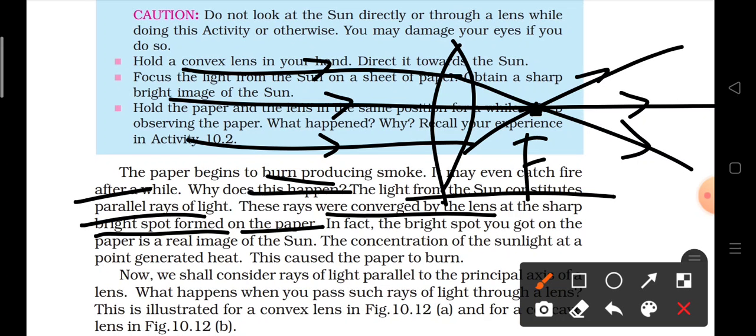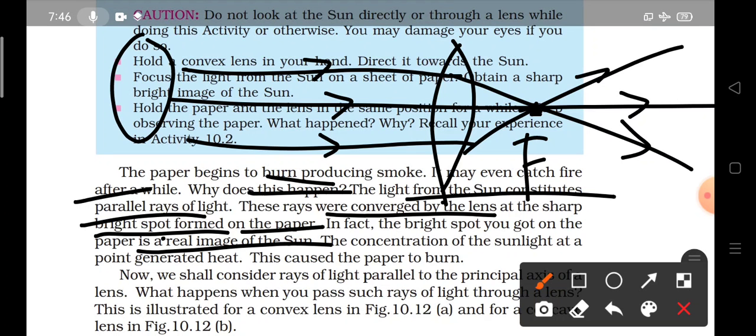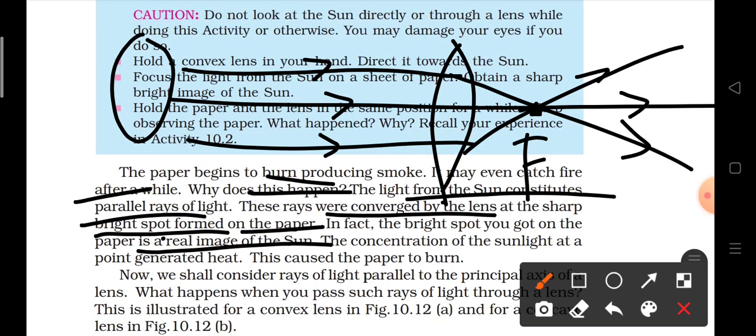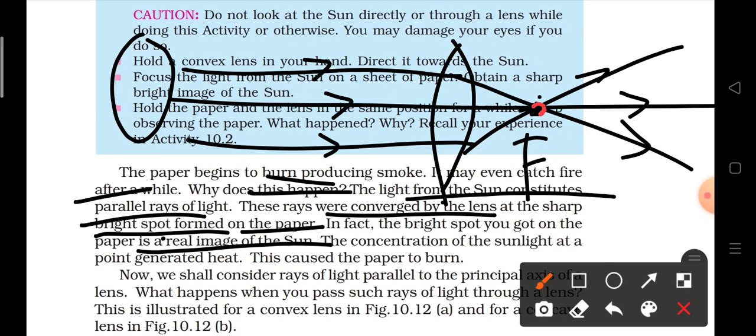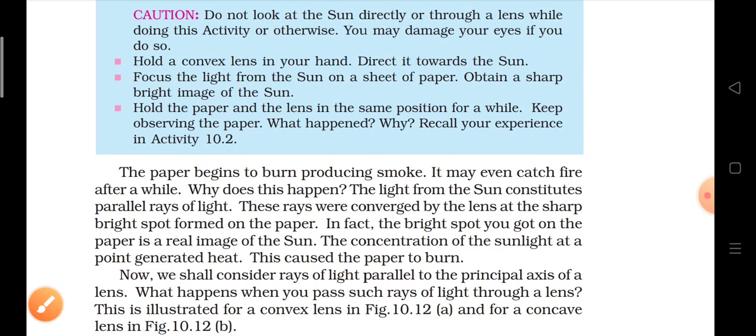In fact, the bright spot you got on the paper is the real image of the sun. It means the light rays coming from the sun as a parallel beam converge at the focus, and the image of the sun is formed over here. And this heat generation, because of the concentration of the sunlight, caused the paper to burn. Is it okay?